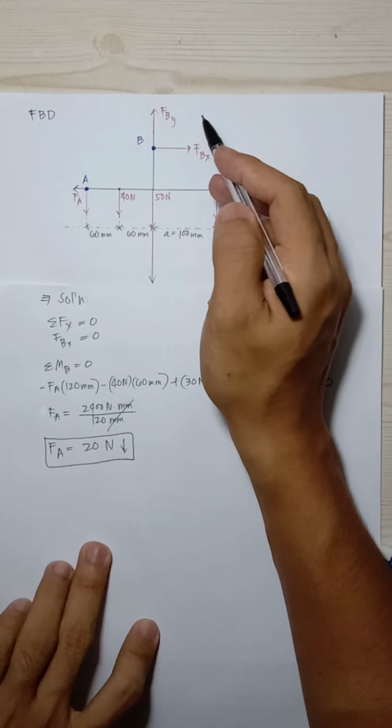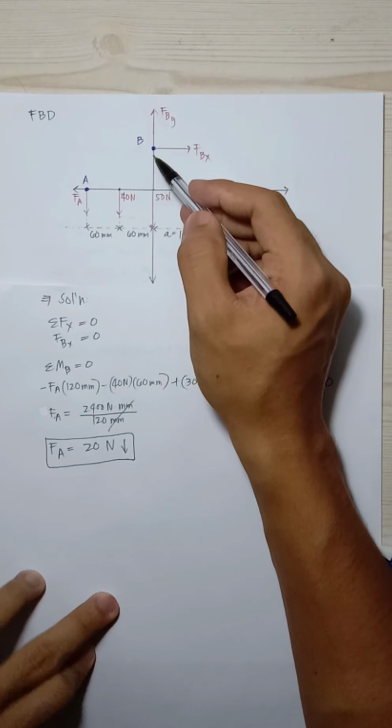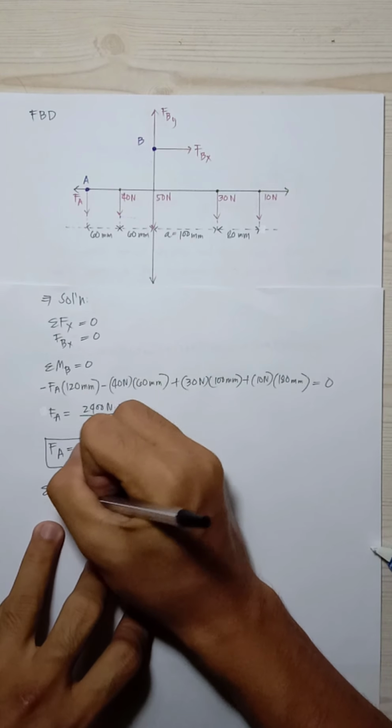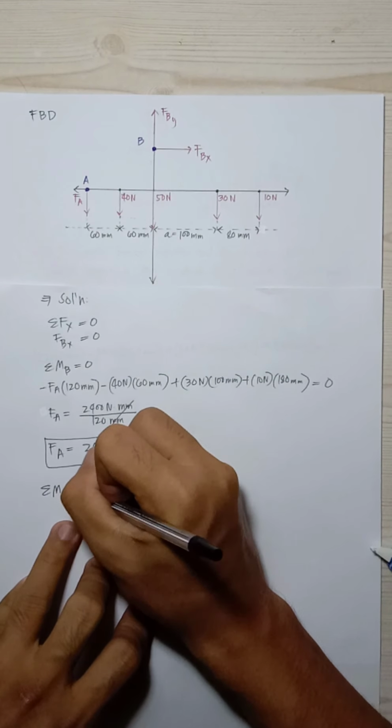In order to determine the force in point B, the summation of all moments about point A is equal to 0.